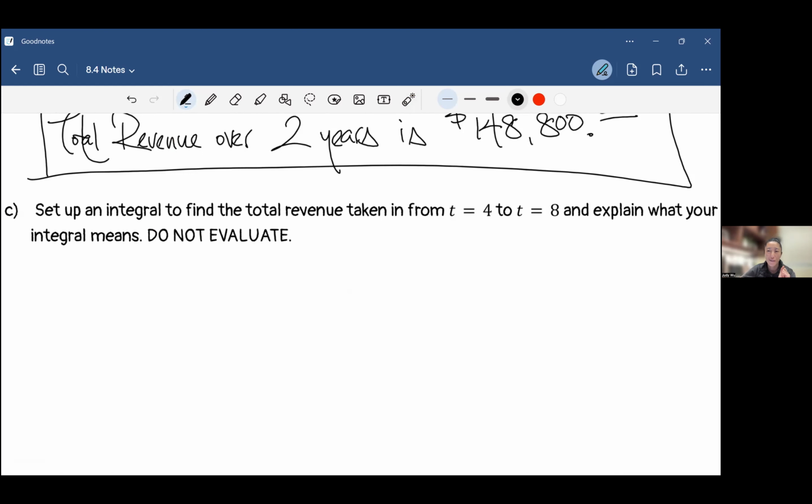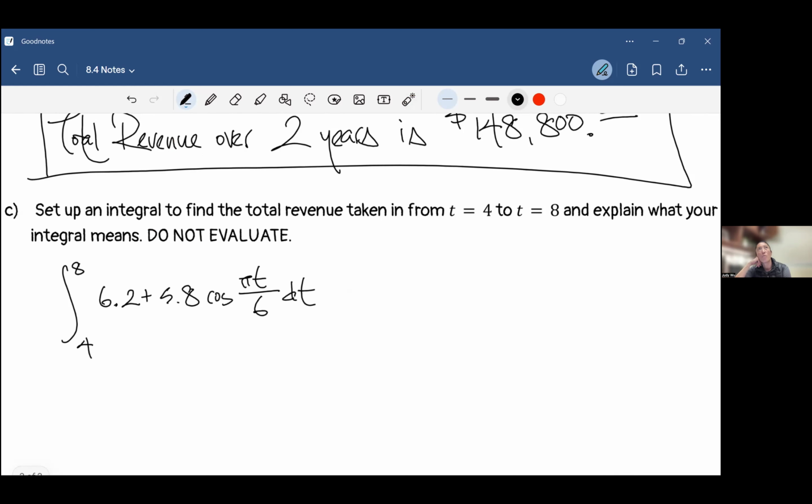Do not evaluate. All right, so my total revenue is still, I'm going to integrate my revenue. So it's the same function. But this time I'm only going from t equals 4 to t equals 8. I'm not going from 0 to 24.